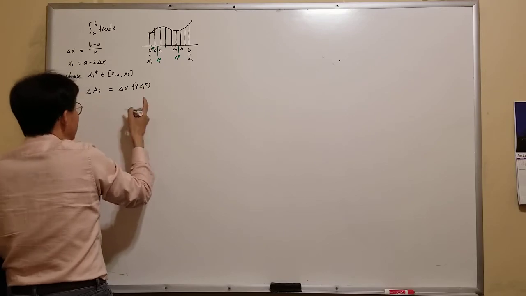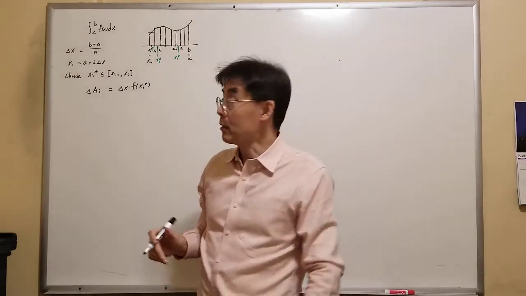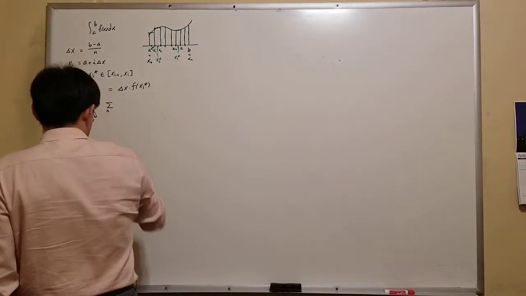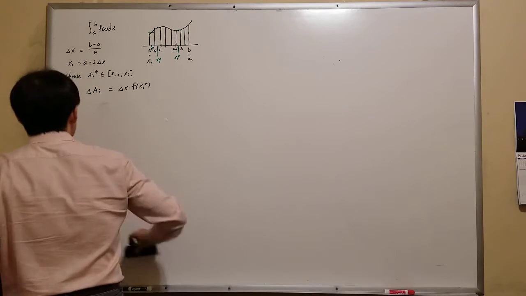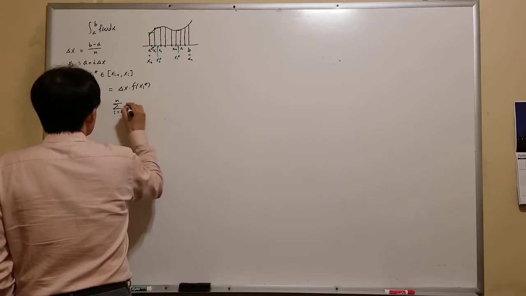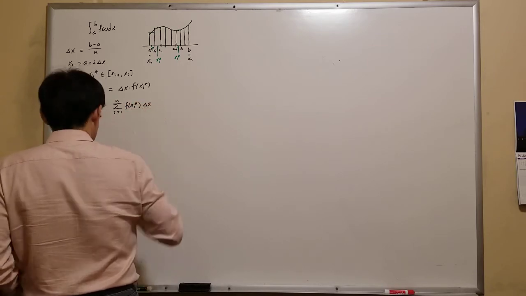If you add them up, then you get the sum of the areas of the rectangles, so your area will be approximated by the sum of f of xi star delta x.